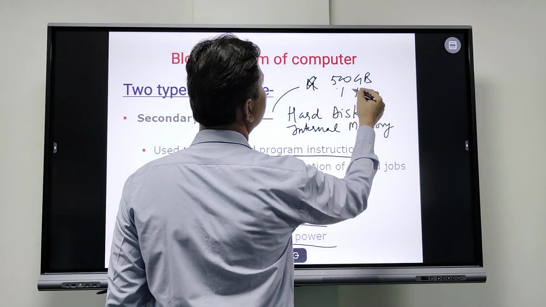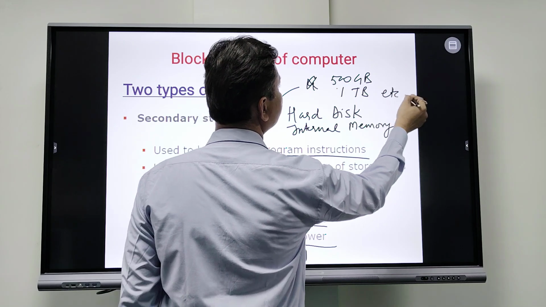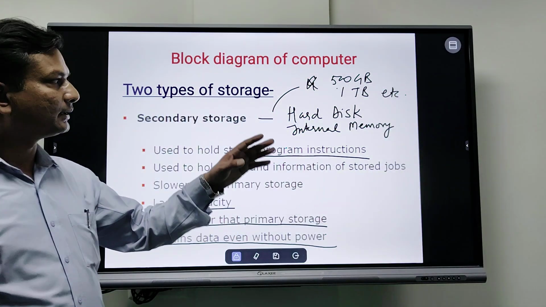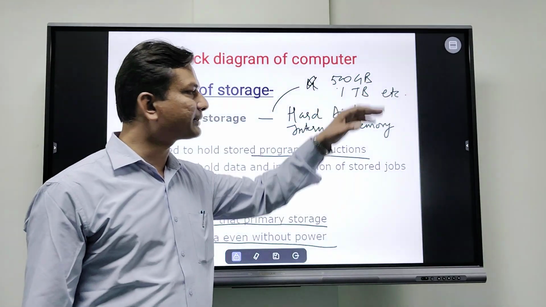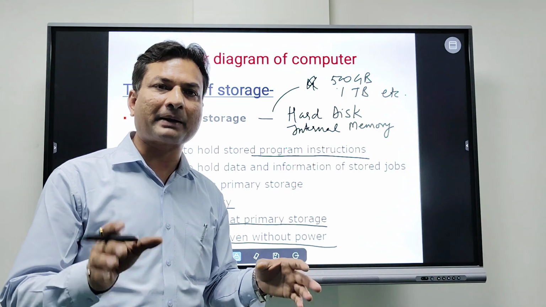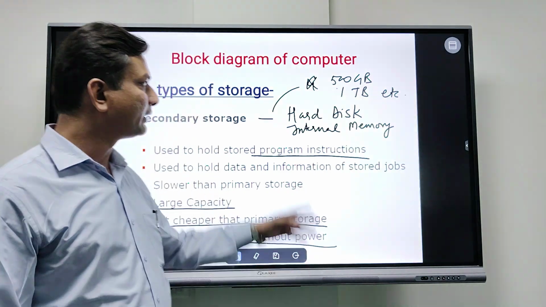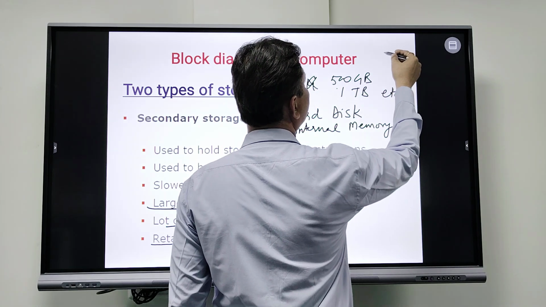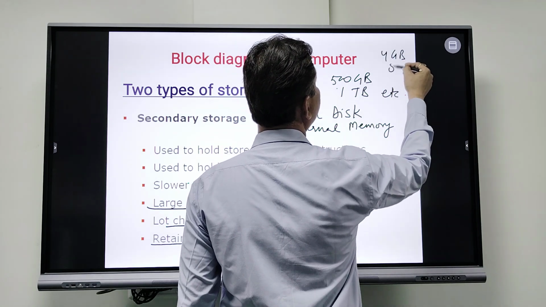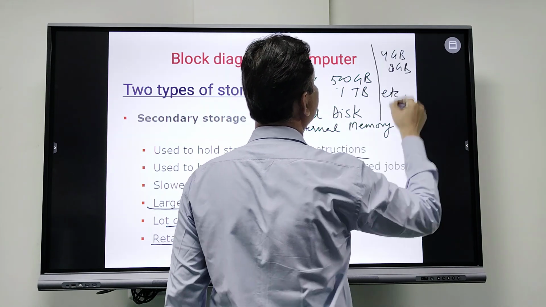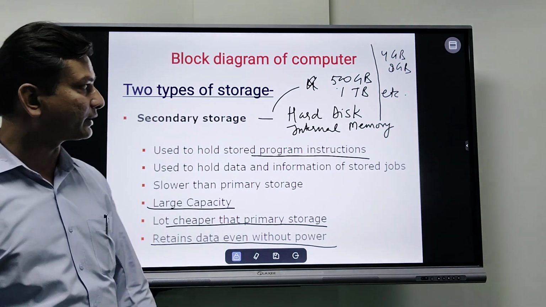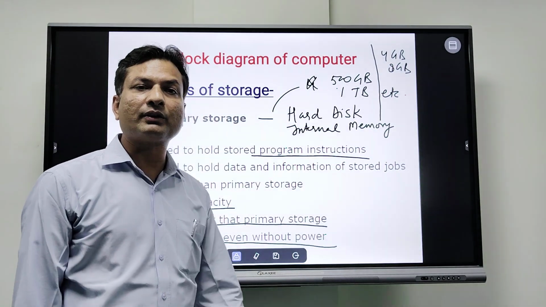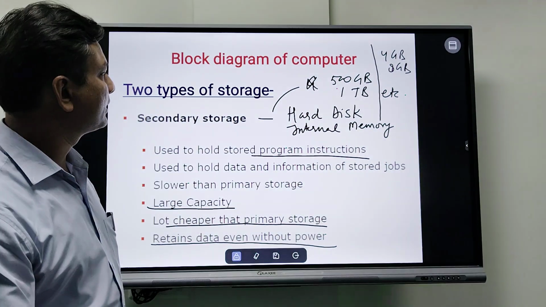1 TB, etc. Now you can compare the storage capacity of primary and secondary storage. RAMs are available in sizes like 4 GB, 8 GB, and you can compare that with the size of secondary storage, which is 500 GB or 1 TB or 2 TB.